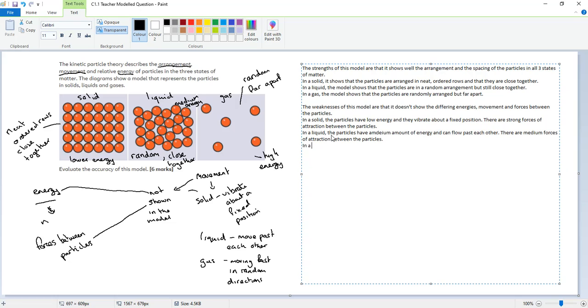And then in a gas, sorry, I've not done that right. So in a gas, the particles have a high amount of energy and move fast and in random directions.